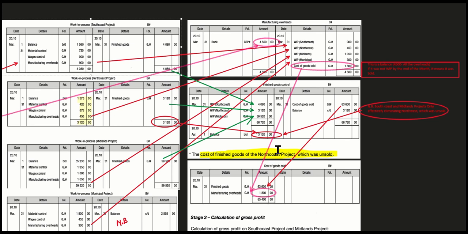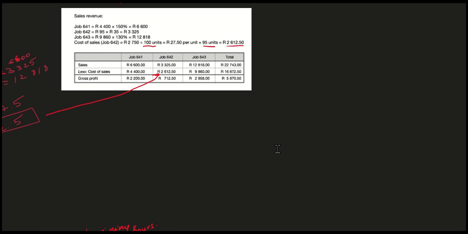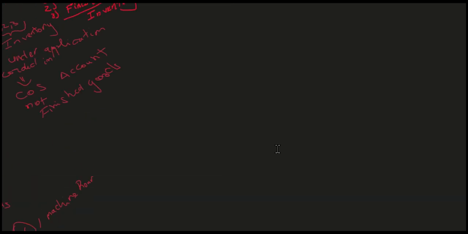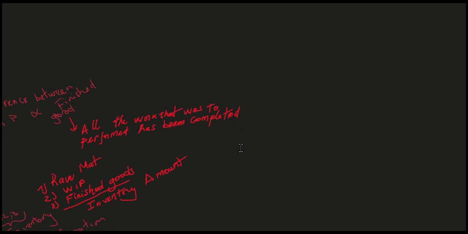Because, like I said, it was very important. The point I made way above here, remember the finished good, when I was touching on the finished good, I said all the work that needs to be performed, if they are completed, we are talking about a finished good, right?